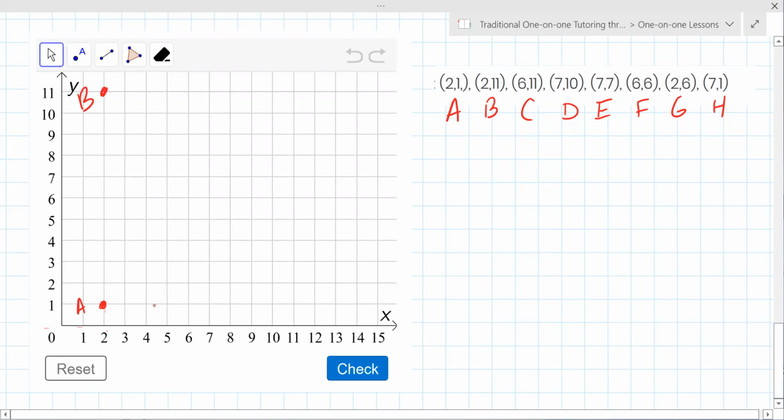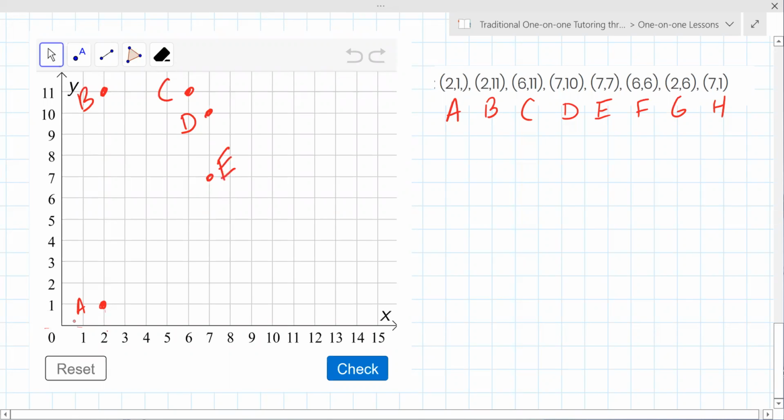C is 6,11. So you go right 6 and then up 11. D is right 7 and then up 10. E is right 7 and then up 7. Actually, that's gonna be a bad spot, so let me relabel that.